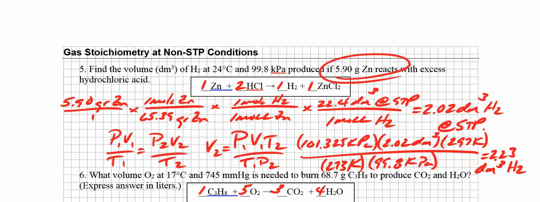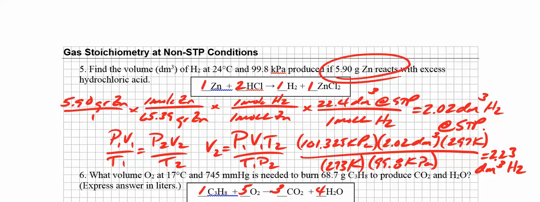Now I've established one volume for a certain situation, so now I'm going to use the combined gas law. P1V1 over T1 is equal to P2V2 over T2, right? All right, so now I'm going to solve for V2. P1V1 T2 over T1 P2, right?